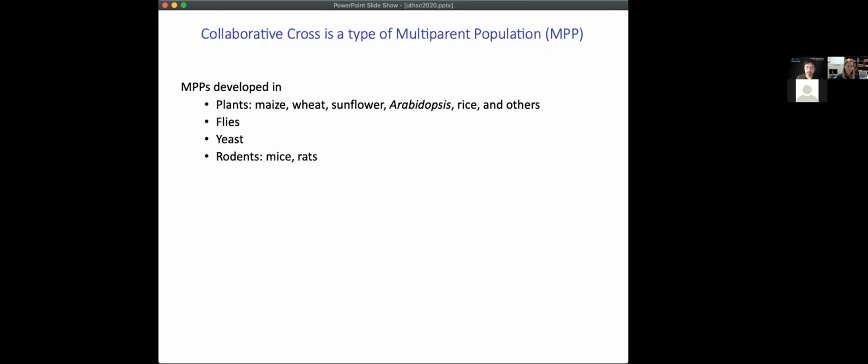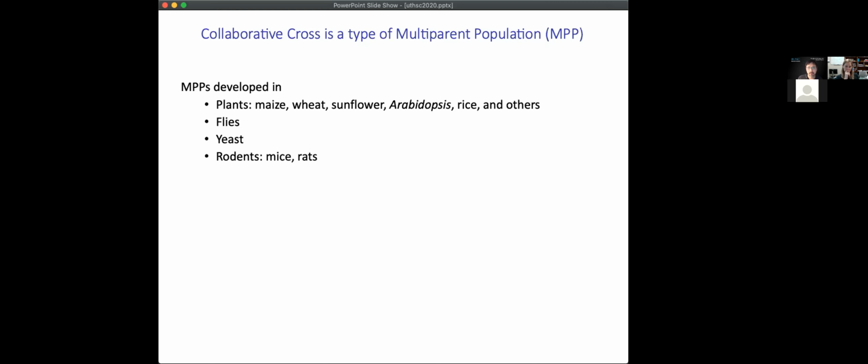So the collaborative cross is a type of multi-parent population. This is my interpretation of events: a lot of people studying other model organisms looked at what we were trying to do with the collaborative cross and thought, yeah, I can see that's going to take a long time with mice, but we could make one really quickly in plants or flies or yeast.